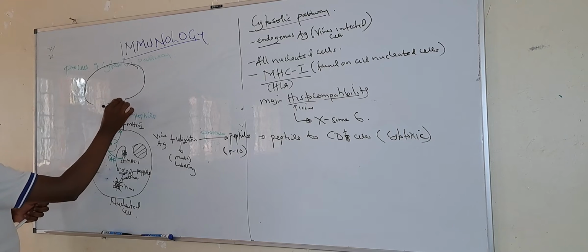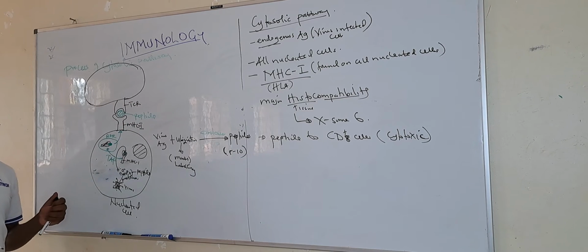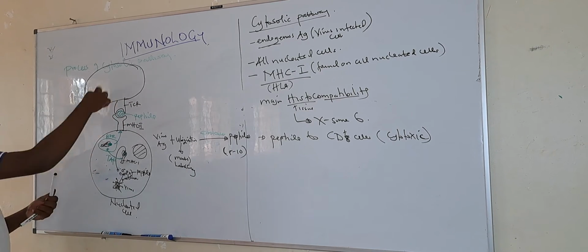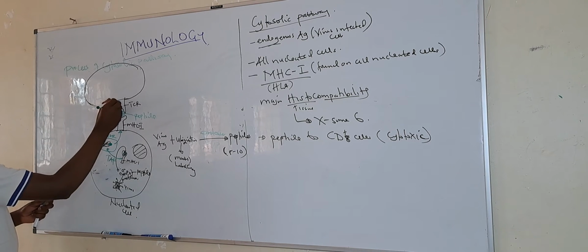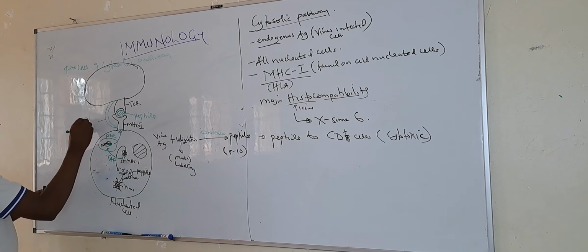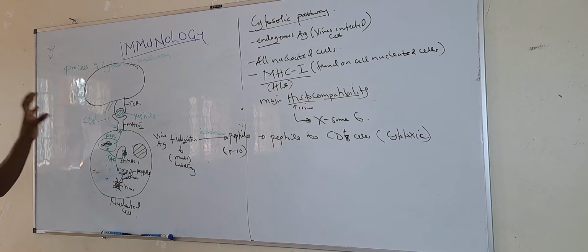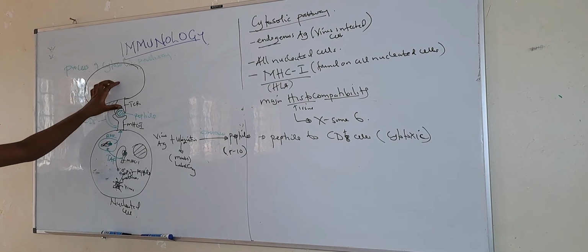This CD8 also has its receptor, and we call it the TCR, T cell receptor. It has a hand which strengthens this, and this hand is called the CD8 portion. It uses the CD8 portion to interact with the virus presented by major histocompatibility complex type 1. Then after coming into contact, that's when it will trigger the cytotoxic T cells to become activated.